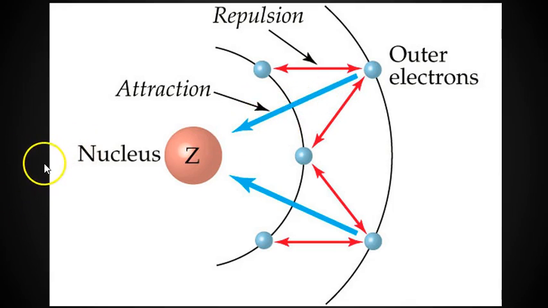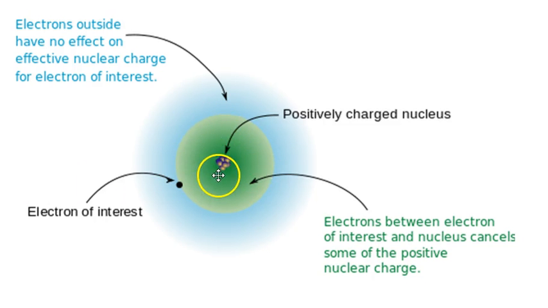And we can look at another example of this using the cloud model of the atom, which is a little bit different. Same thing is happening. We're just not showing the individual electrons because we're showing them as an electron cloud, which is a little more accurate. And the main thing that this picture is showing is that if we're looking at this particular electron, or an electron in this location, only the electrons in between that electron and the nucleus are going to have an effect, right?